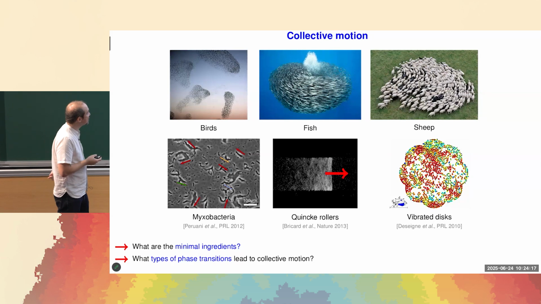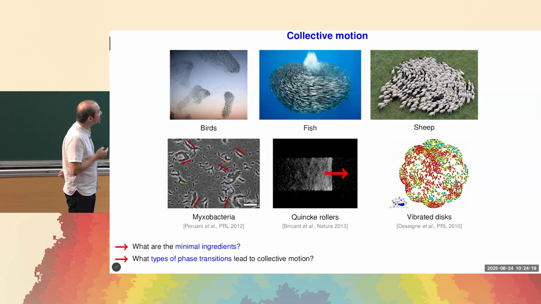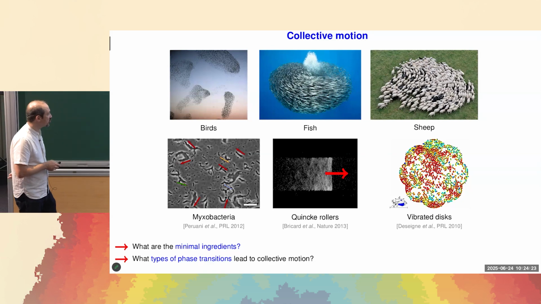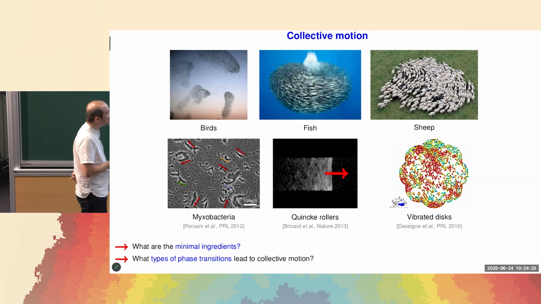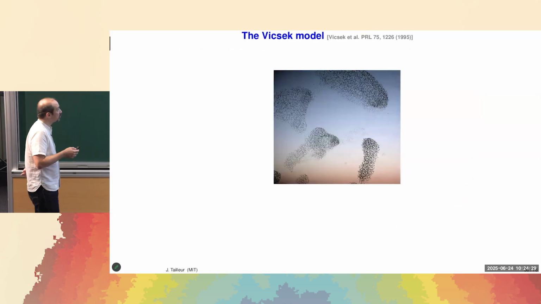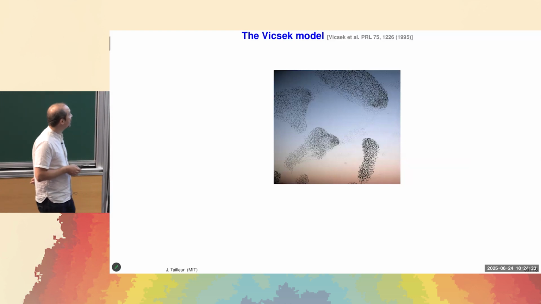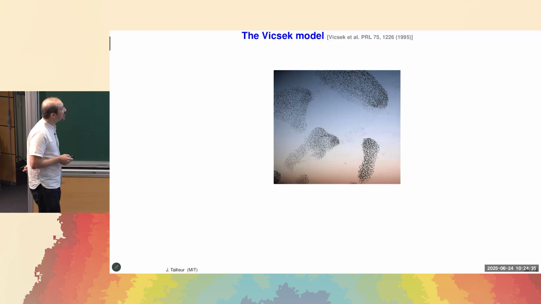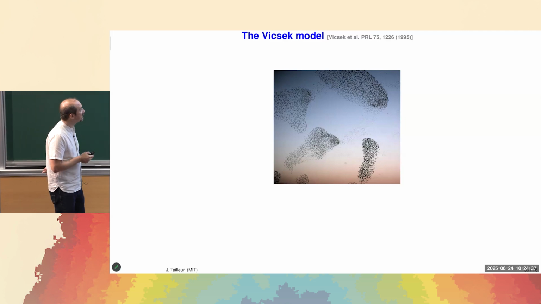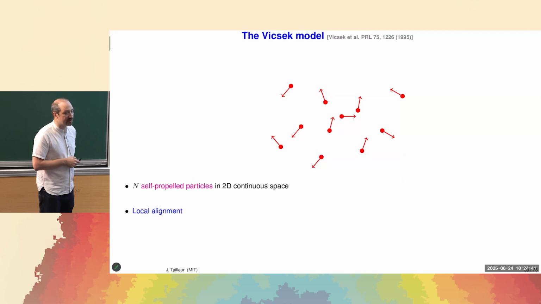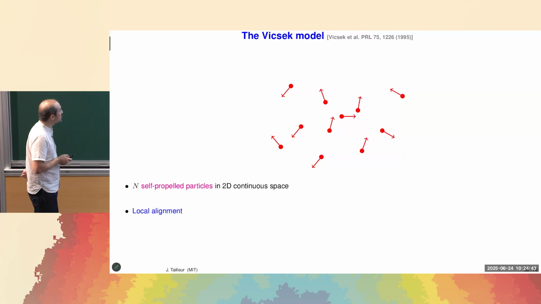So all these systems are very interesting for their own sake. And as statistical physicists, what we want to understand is what are the minimal ingredients that can lead to collective motion, and what type of phase transitions lead to this collective motion. This is a question that is 30 years old, which actually founded the field of active matter, when Vicsek and co-workers said that this is surely a too complicated model, but maybe we can understand a simpler one, which would be the following.